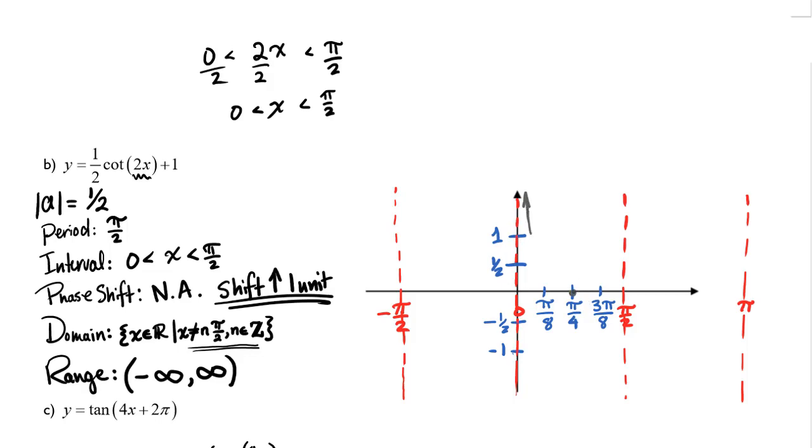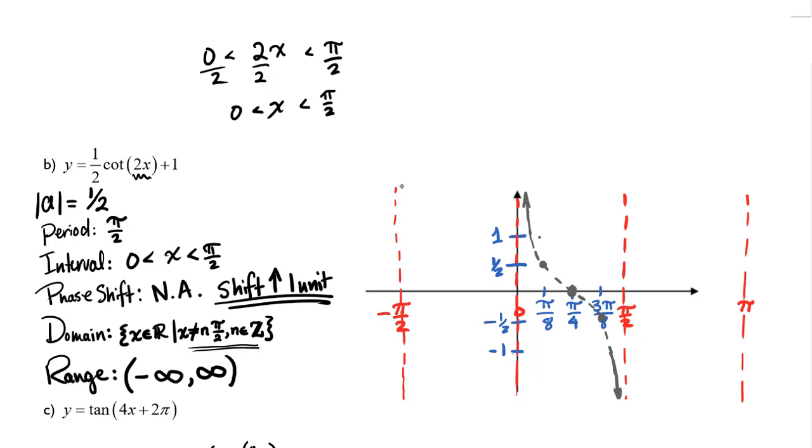The curve will cross at pi over 4 and become negative and approach pi over 2 as the curve goes closer and closer to -infinity. But I also know that instead of being at 1 at pi over 8, it's actually at 1/2. And at 3 pi over 8, it's going to be at -1/2. And so I can sketch an approximate curve here.